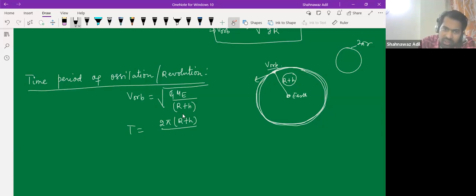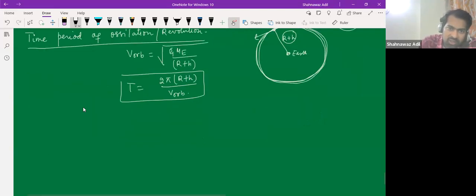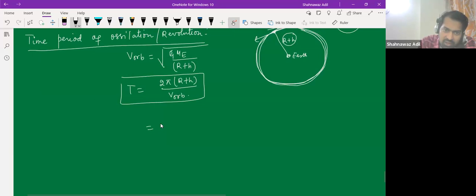So the total distance is 2 pi (r plus h), divided by v orbital.